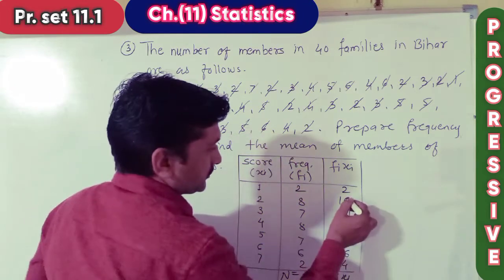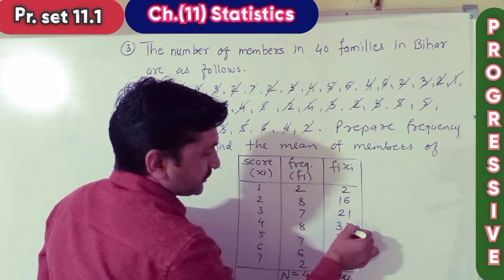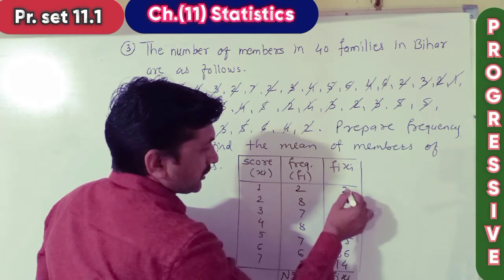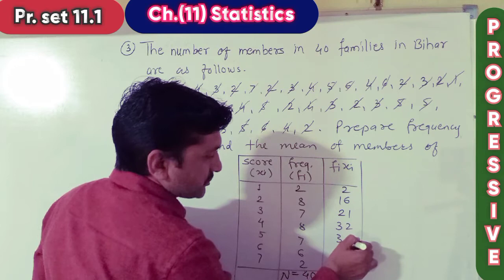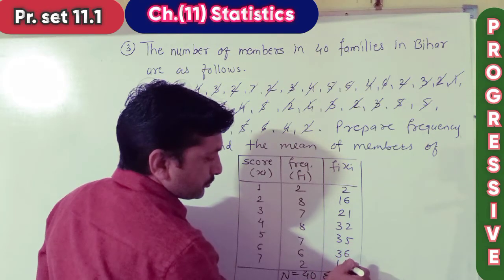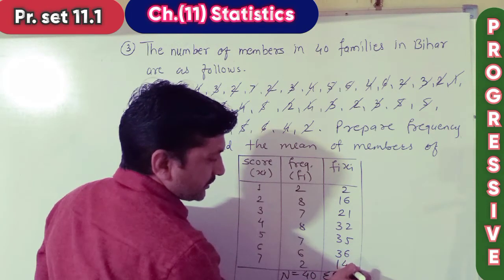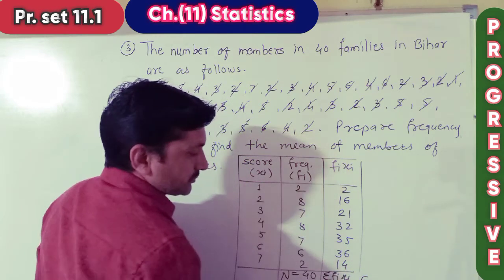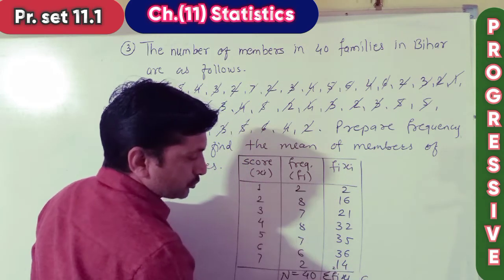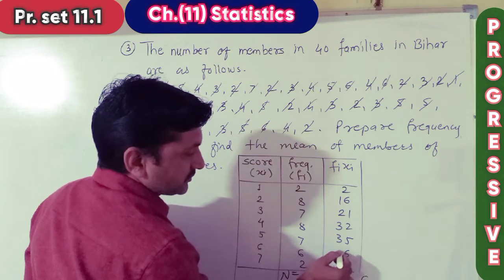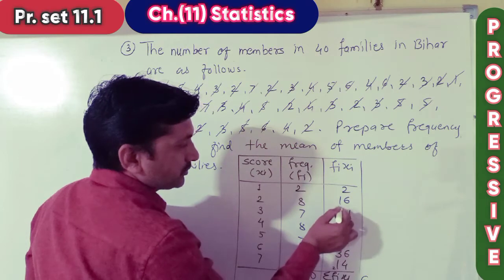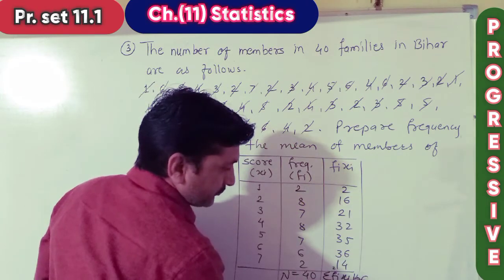Let's add them. 8, 9, 10, 11, 16, 16 plus 10 is 26, 2 carried over, 3, 6, 7, 8, 9, 10, 11, 12, 13, 14, 15, 156.